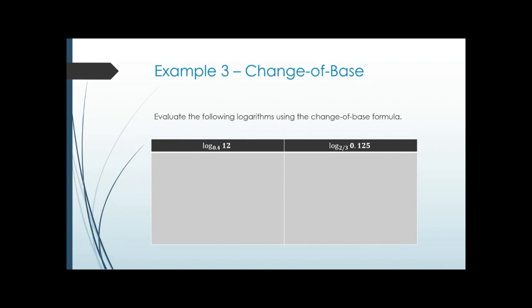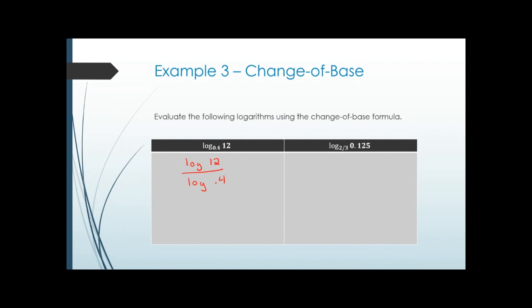So, using the log, if I have log base 0.4 of 12, I'm going to have the log of 12, and then in the denominator, the log of 0.4. Then I need to actually take these logs on your calculator, and you can do these all in one step. You don't have to do 2 separate steps.